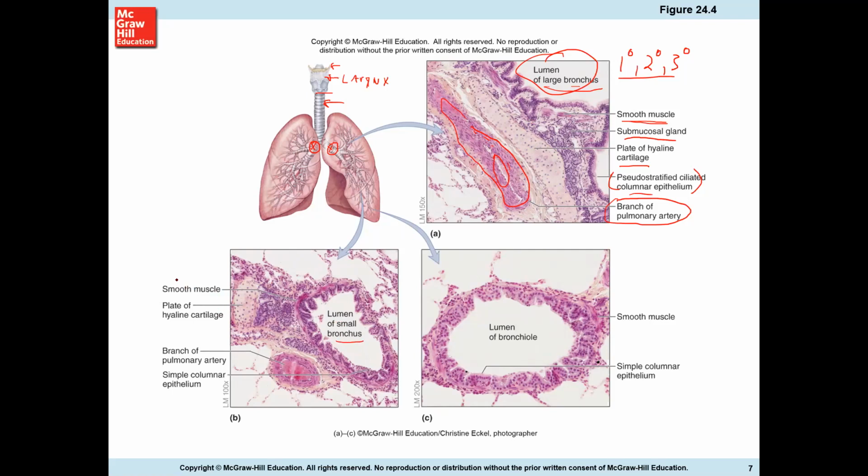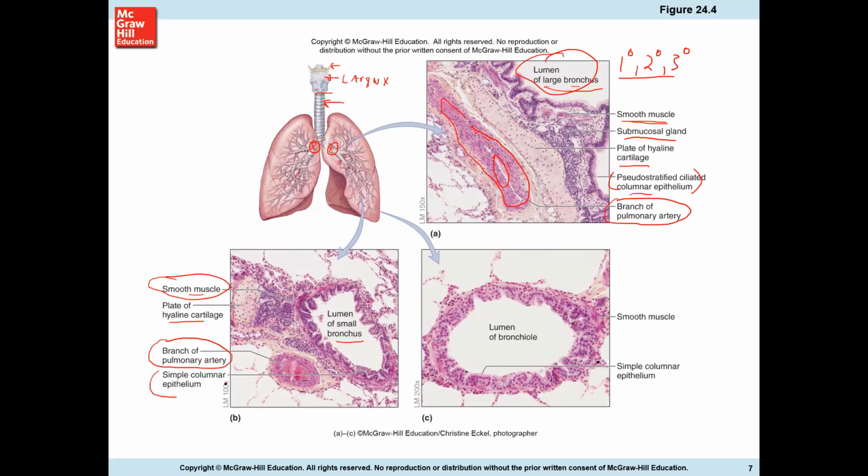And we have more smooth muscle there as well. All right, so now the trachea didn't have all this smooth muscle. Still have cartilage, and then there's a branch of the pulmonary artery, so we're bringing in less oxygenated blood from the right ventricle. Right. Now the epithelium changes.